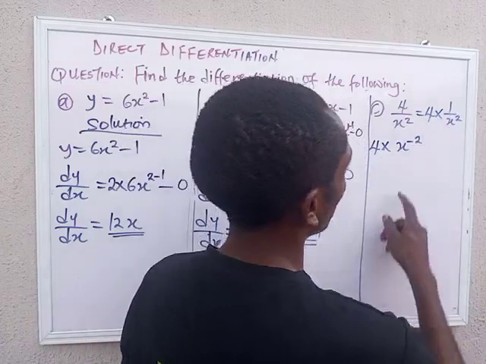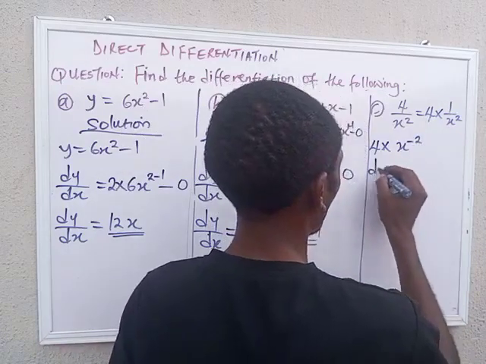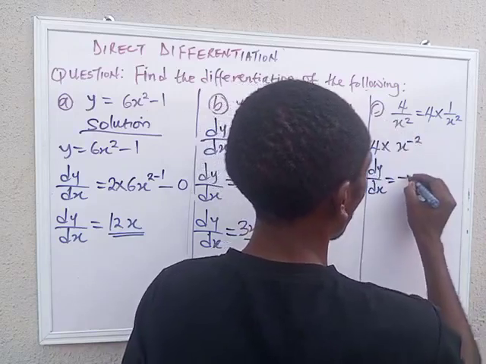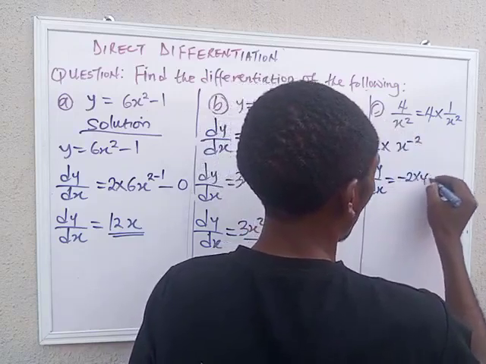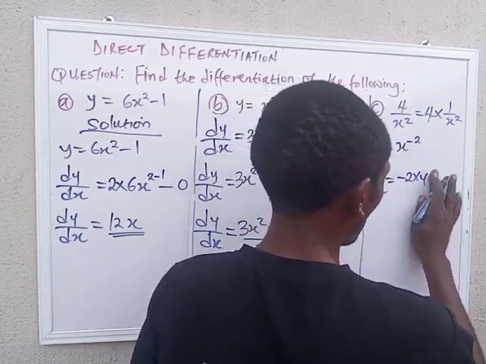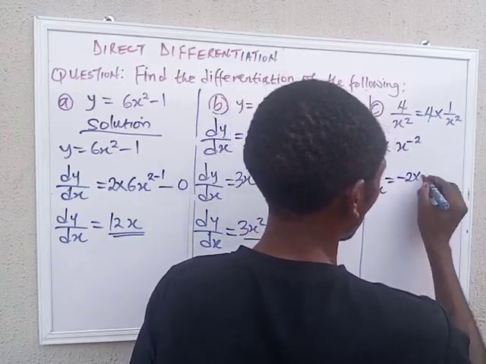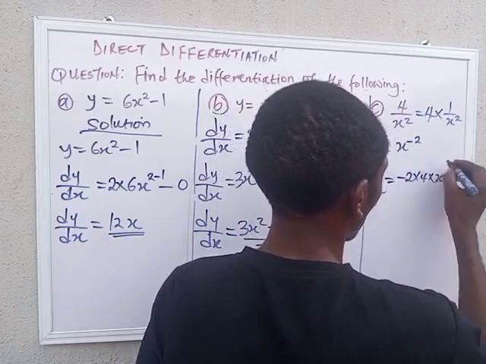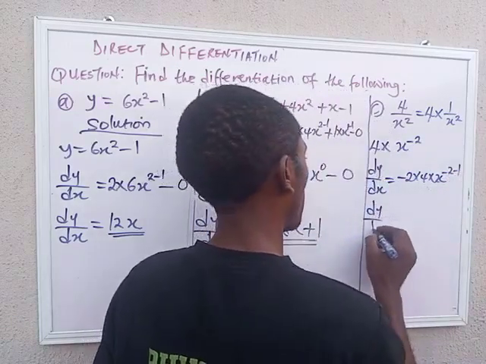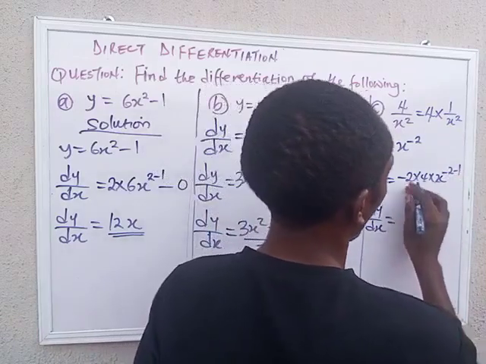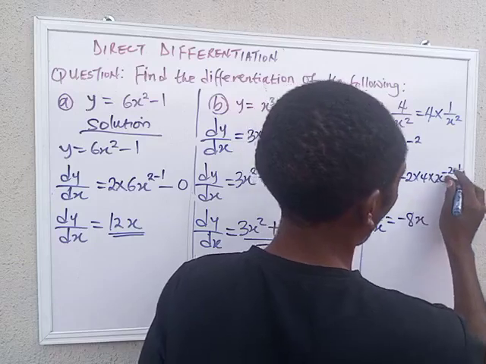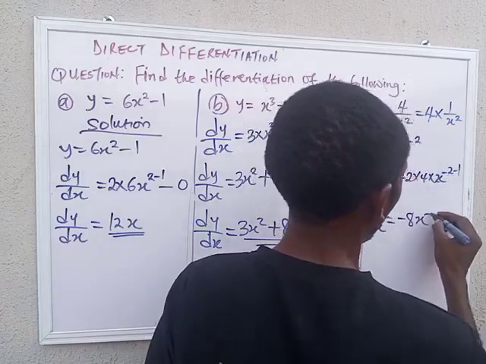So what you do, we go ahead to differentiate. So dy dx is equal to, we bring down this power, minus 2 times 4 times x raised to the power of minus 2 minus 1. So dy dx is equal to minus 2 times 4 is minus 8x, minus 2 minus 1 is minus 3.